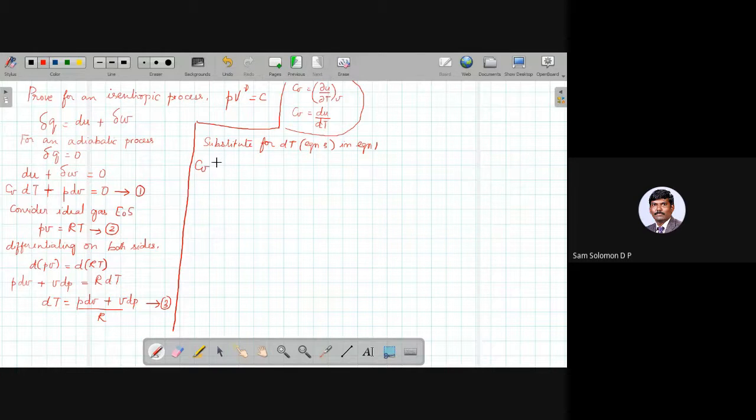So Cv times (PdV plus VdP) divided by R plus PdV, this is equal to 0. And if you open the brackets, you will find Cv by R times PdV plus Cv by R times VdP plus PdV equal to 0.